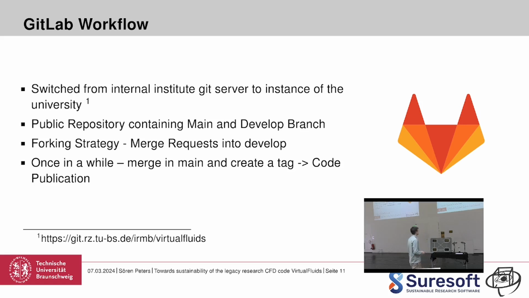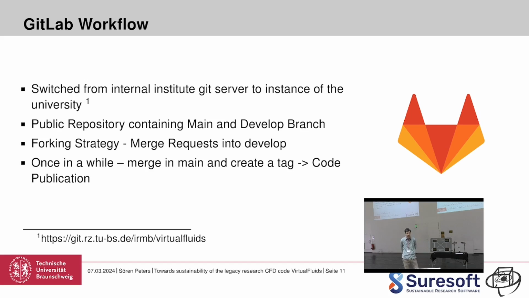We came up with a solution where we have a public repository on the GitLab server, and we are working with a forking strategy. This means everyone has to fork this public repository. The reason for that is that people sometimes want to develop in private. I don't know why they are scared, they don't want to exchange the latest changes.